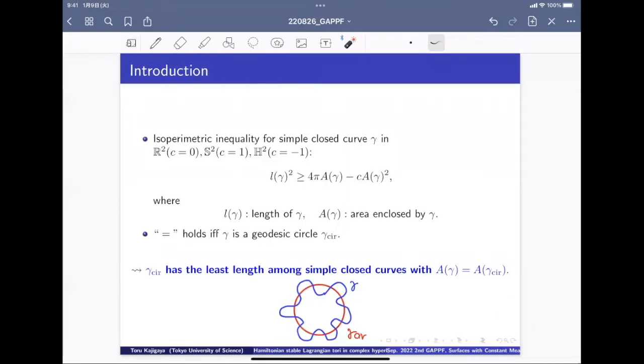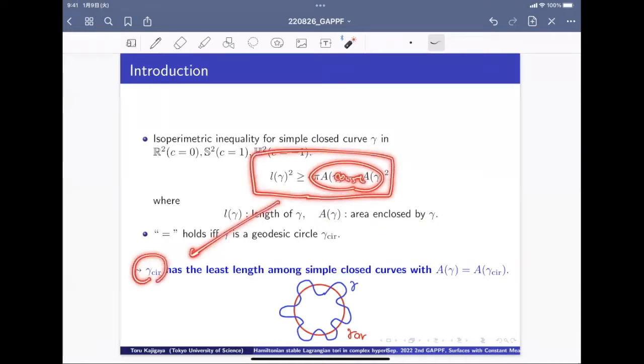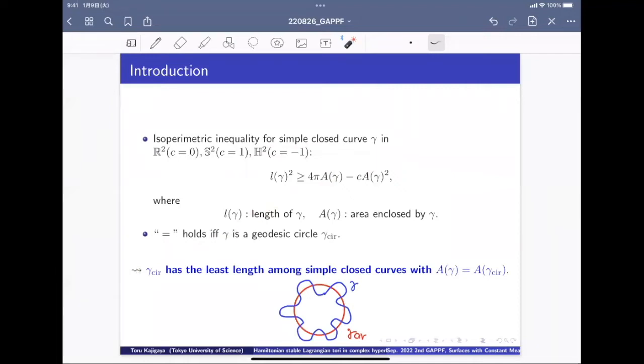If you fix the area enclosed by gamma, then the right-hand side is constant. So this inequality implies the geodesic circle has the least length among simple closed curves with the same area. For example, if you deform this red curve to the blue curve so that the area enclosed by the blue curve is the same as the area enclosed by the red curve, then the length of the red curve is smaller than the length of the blue curve.